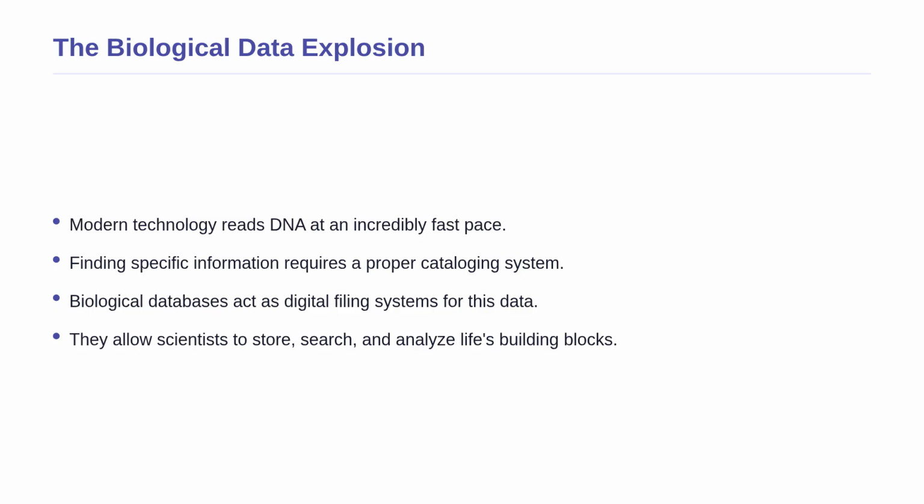Biological databases are the beating heart of modern biology. They act as highly organized, searchable computer archives that store biological data, such as DNA sequences, protein structures, and metabolic pathways, allowing scientists worldwide to collaborate.